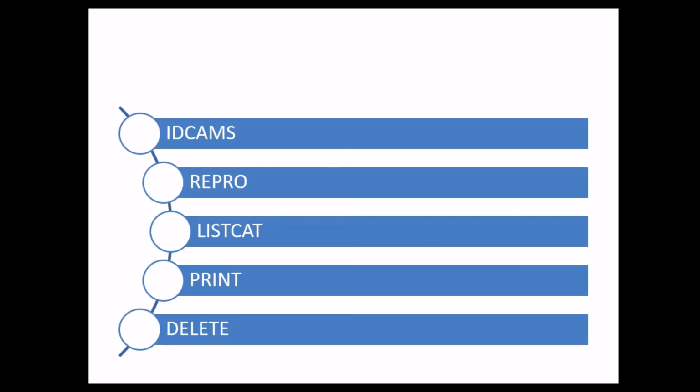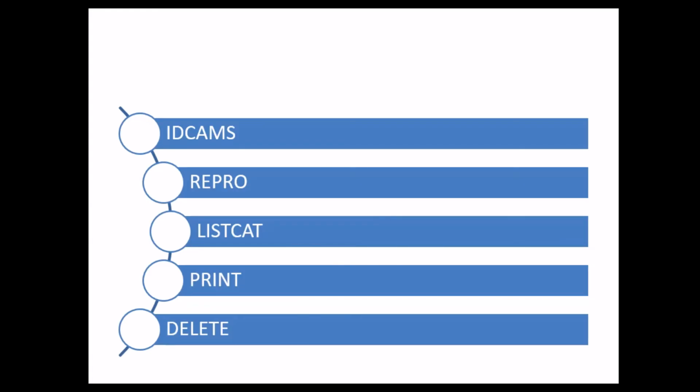And you can also pull the information from the VSAM files using an online screen or a batch COBOL program. There we use EXEC CICS, and within the EXEC CICS we write the set of code to pull this information.